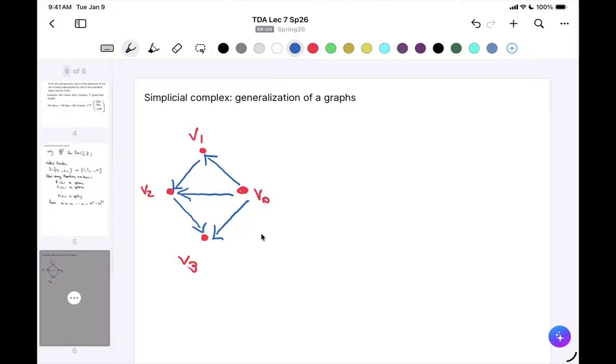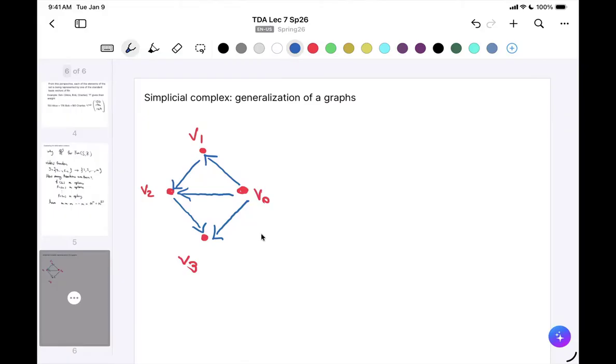But a simplicial complex generalizes a graph because, if you think about this as connections between people, sometimes there are relations between people which are not pairwise but triplewise.